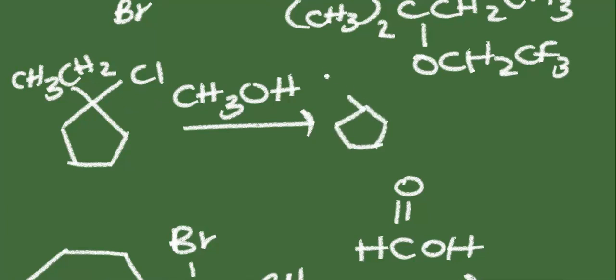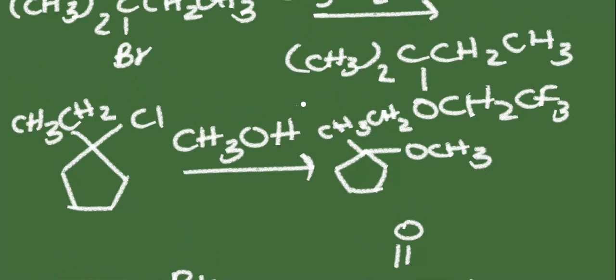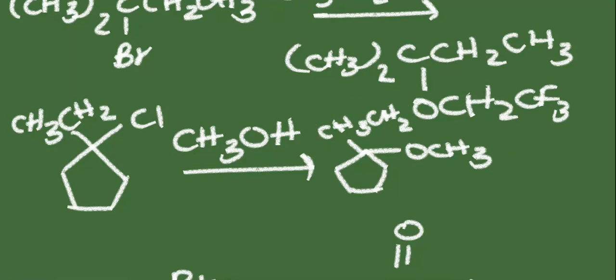There's our cyclopentane, there's our ethyl, and here it's attached to the nucleophilic oxygen with the CH3. Once again, this oxygen has a hydrogen on it, and of course it's going to deprotonate to preserve that neutral charge. And so this right here is our product, if I'm not mistaken.